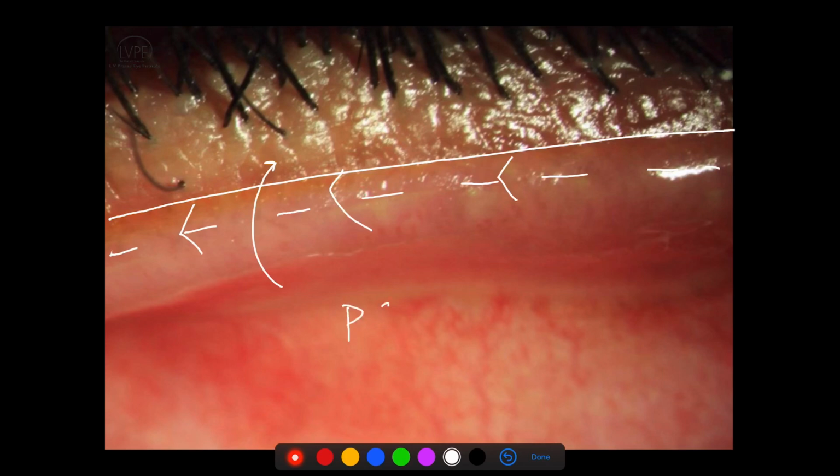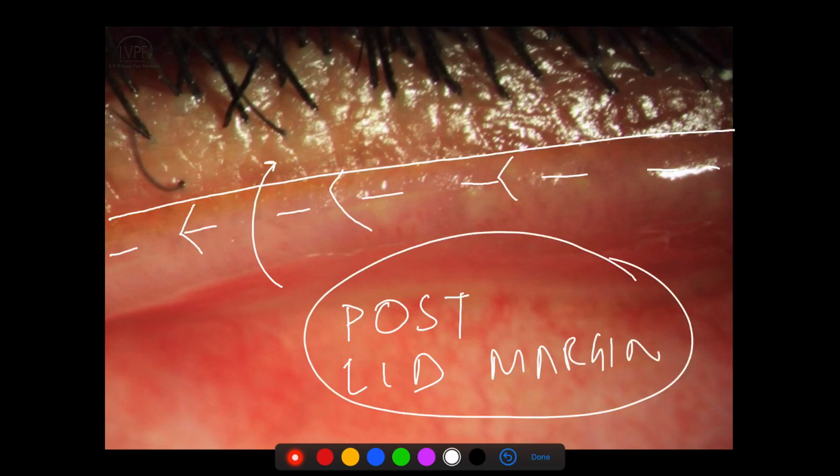All right. So, the operative term here is posterior lid margin, and this is very, very important to understand, that if you have only the mucosa left over on the tarsal plate, that doesn't serve any purpose.